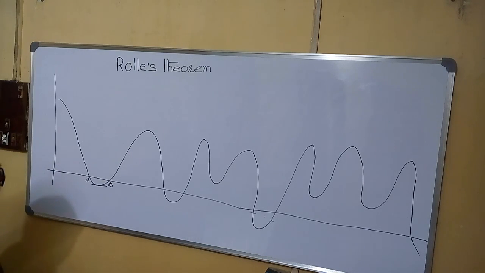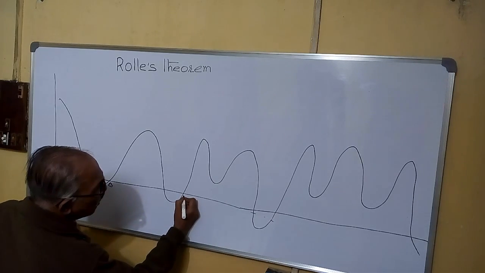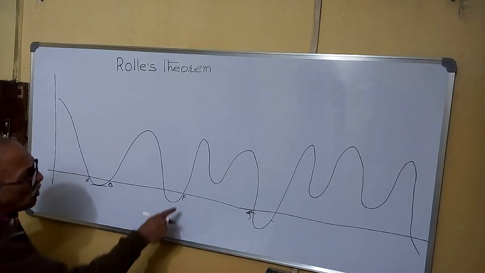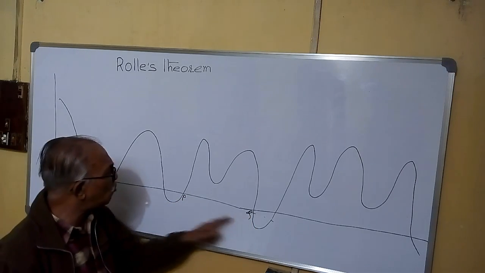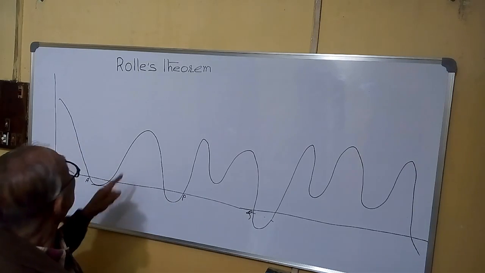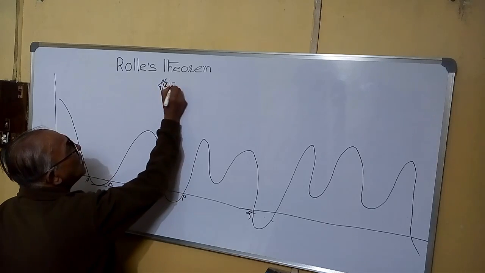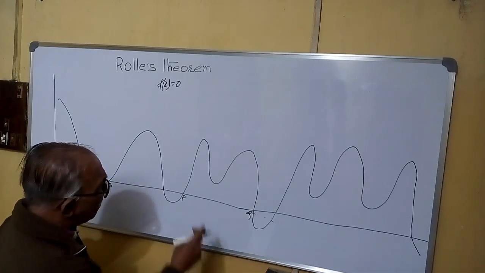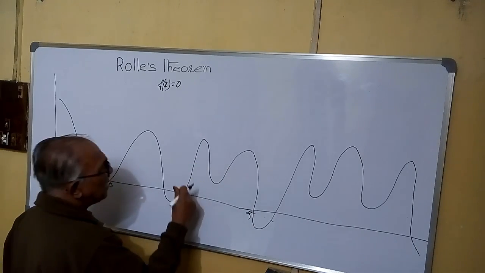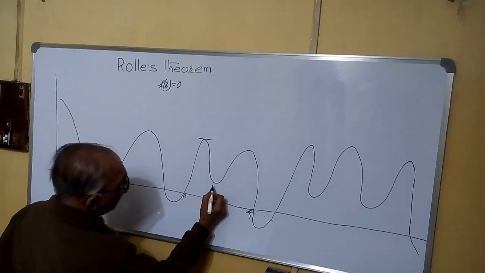Okay. Here, if you are seeing in this graph, suppose these are 2 points, P and Q. So x equals P and x equals Q are 2 consecutive roots of f(x) equals 0. In this case, in between these, the graph is moving like this. These points are called turning points.